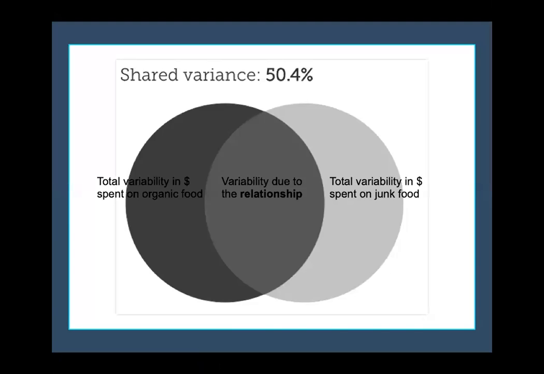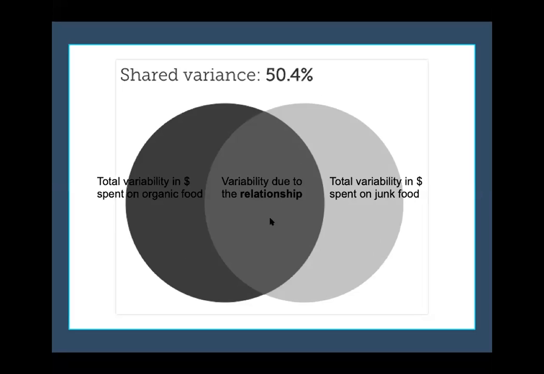Here's another way of looking at that interpretation of R squared. Another way to say it is that the shared variance is equal to 50%, and that was what R squared equals. So you might think of it this way. This big gray circle is the total variability in money spent on organic food. The lightest gray circle is the total variability in money spent on junk food.